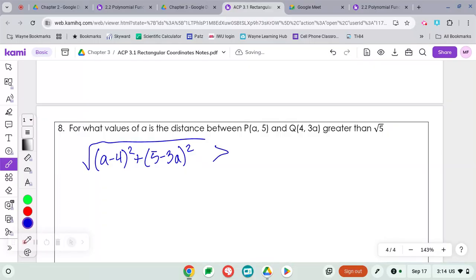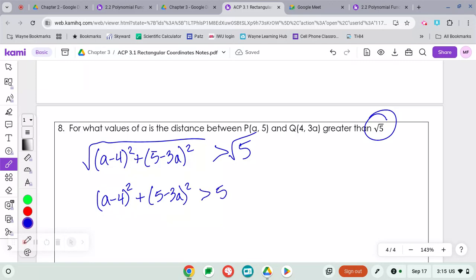This needs to be greater than the square root of 5. Okay, first thing we're going to do is square both sides. I'm left with a minus 4, that quantity squared, plus then 5 minus 3a, that quantity squared. That has to be greater than just regular 5. Okay, now we're going to solve this.